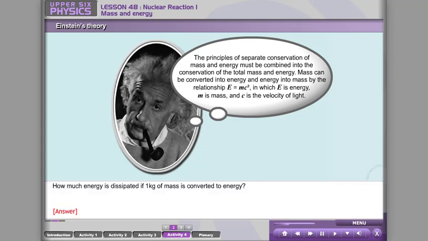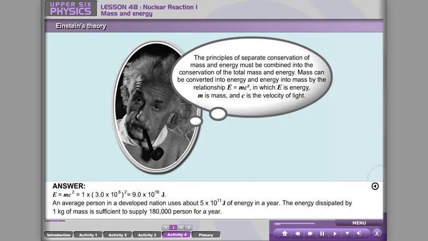How much energy is dissipated if 1 kilogram of mass is converted to energy? Answer: E equals mc squared equals 1 times (3.0 times 10 to the power of 8) squared equals 9.0 times 10 to the power of 16 joules.